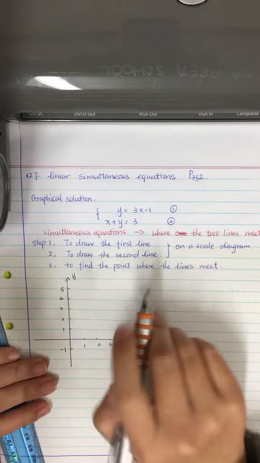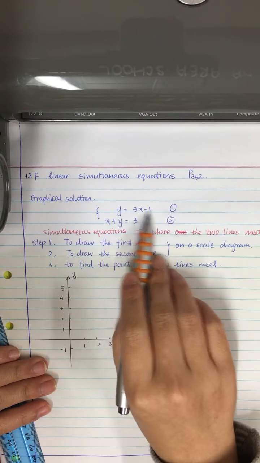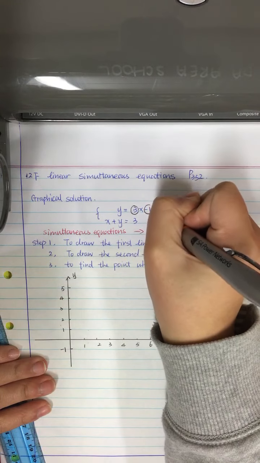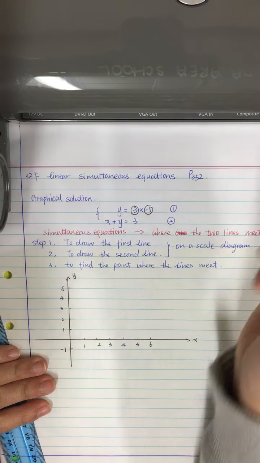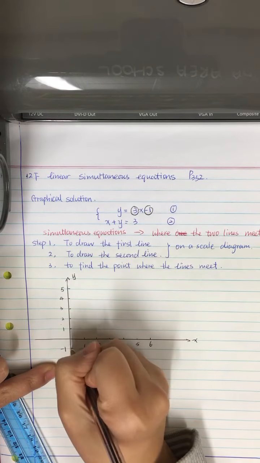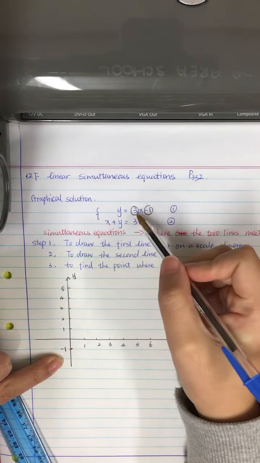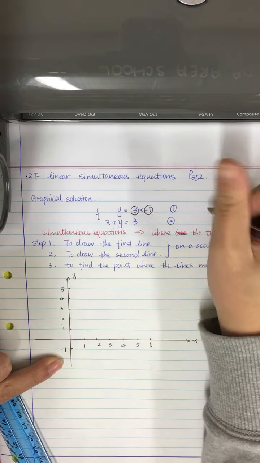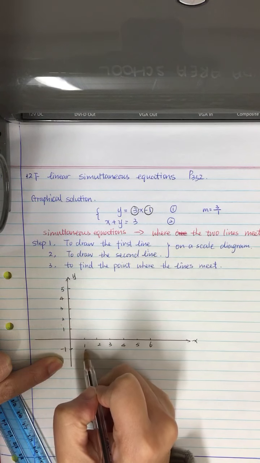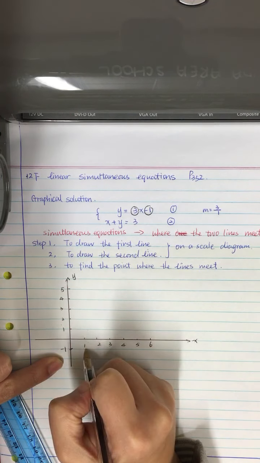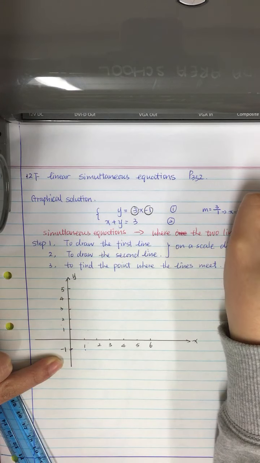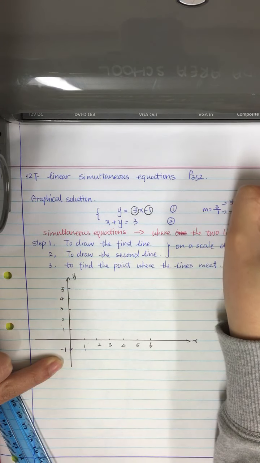To draw the first line, we have a look. The gradient is 3, and the y-intercept is -1. So first I find the y-intercept, which is -1, and the gradient is 3. We can think of the gradient as 3 divided by 1, which goes horizontally by 1 unit, because that is the x step and that is the y step.